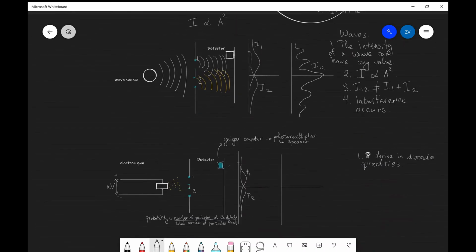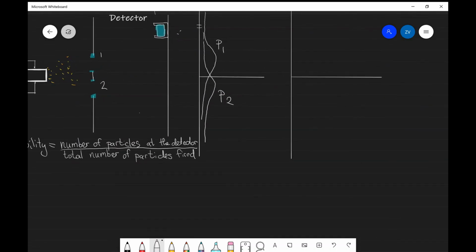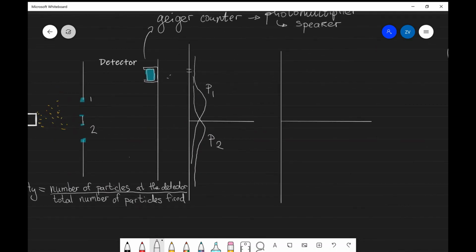However, to our dismay, if we were to actually do this experiment, what we do get is a curve which is very similar to the curve for waves. In fact, it will look something along this line over here.